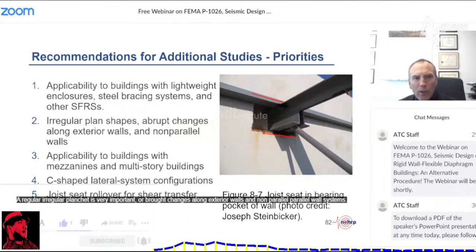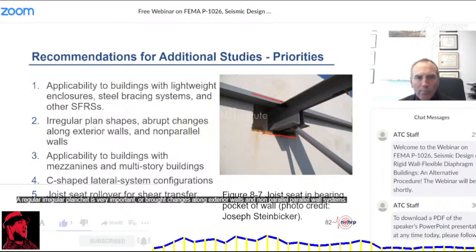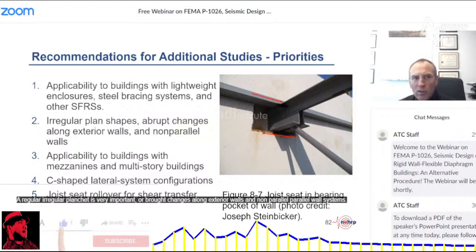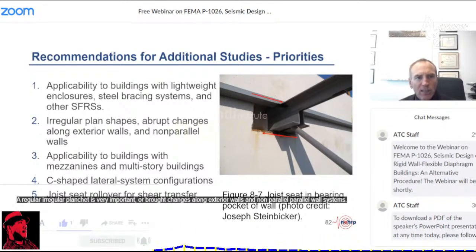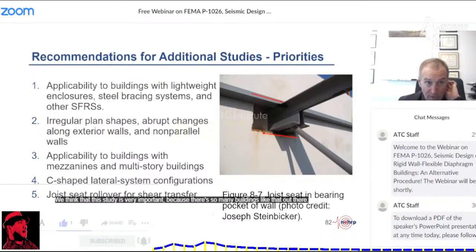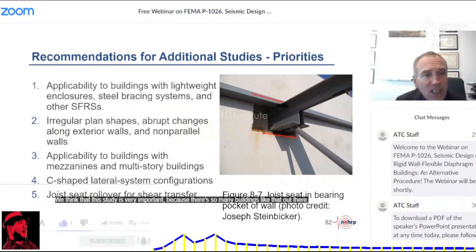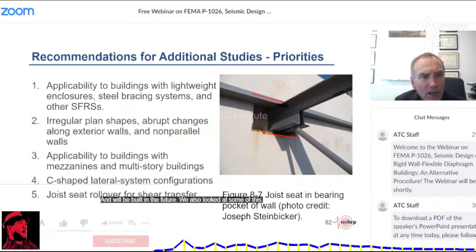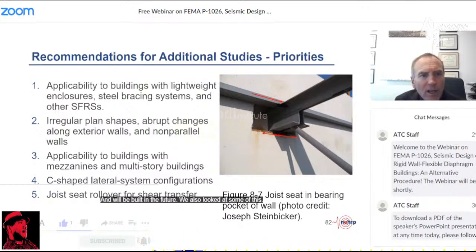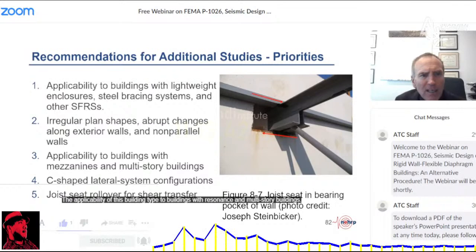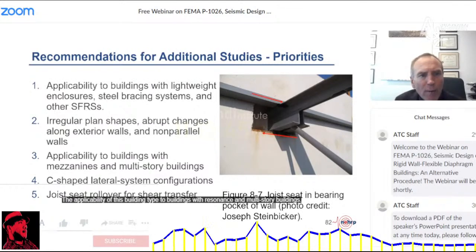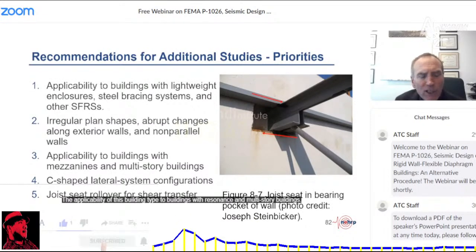Irregular plan shapes are very important: abrupt changes along exterior walls and non-parallel wall systems. We think this study is very important because there are so many buildings like that out there and that will be built in the future. We also looked at the applicability of this building type to buildings with mezzanines and multi-story buildings.